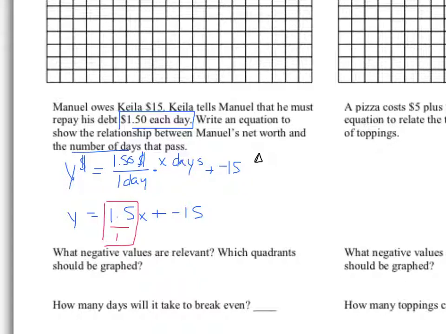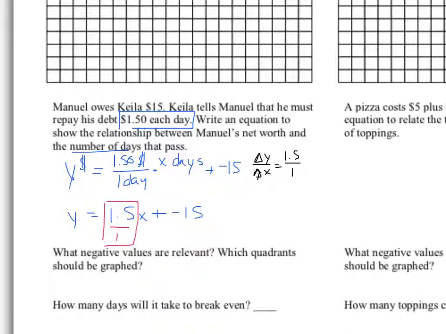and let's change it. Change in y over change in x is currently 1.5 over 1. What can I multiply my numerator and denominator by to make these whole numbers?